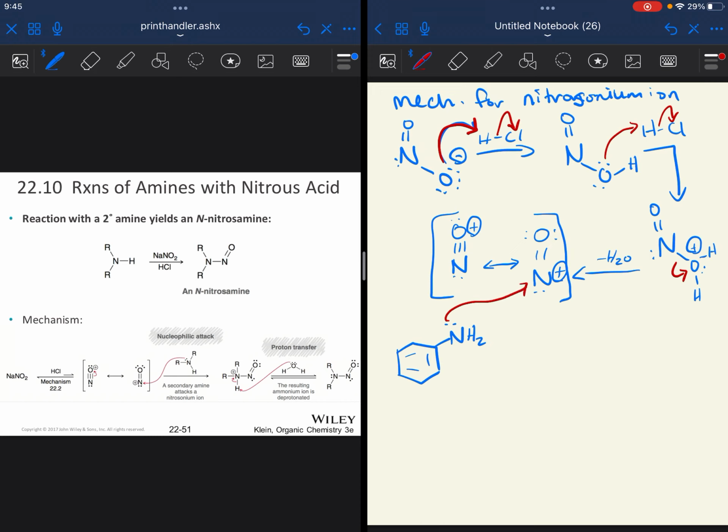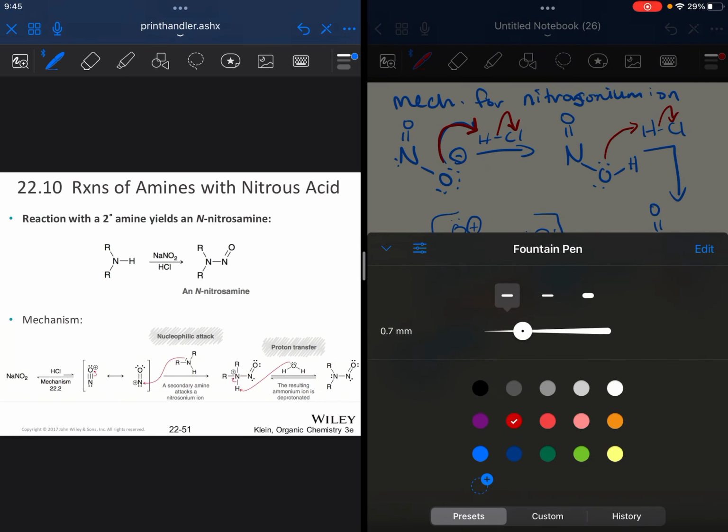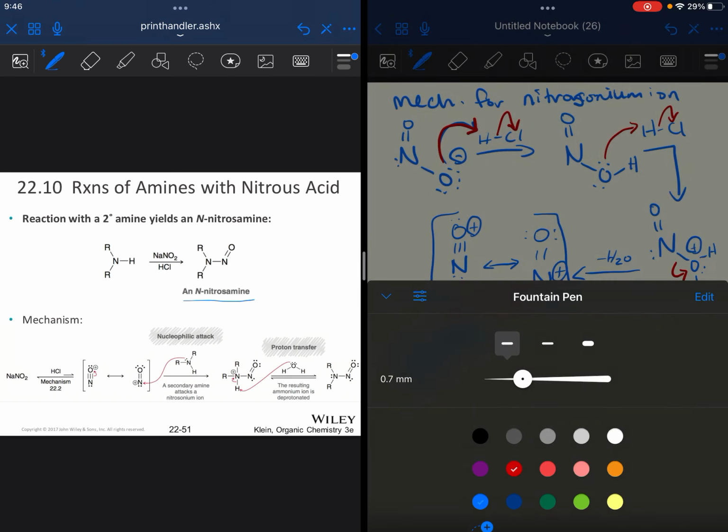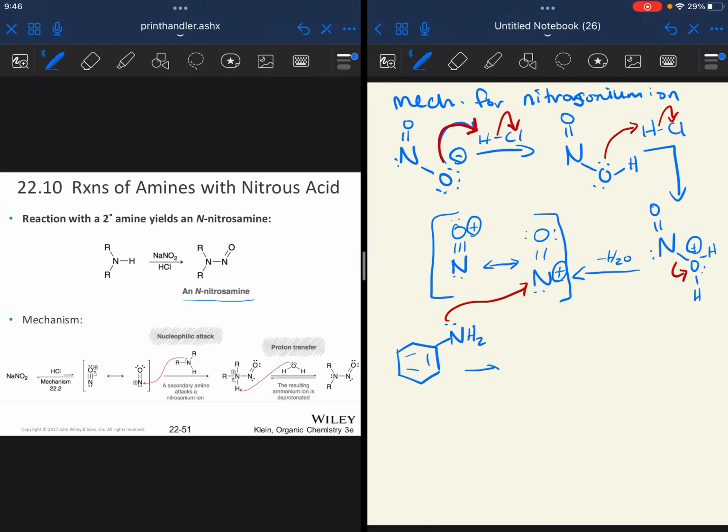Now it will attack the nitrogen, and then let's see what that makes. We're headed towards something called a nitrosamine. You can see right here, this is going to form that new nitrogen-nitrogen bond. So this still has its hydrogens here, and now it is connected to this NO. So this is a plus charge.